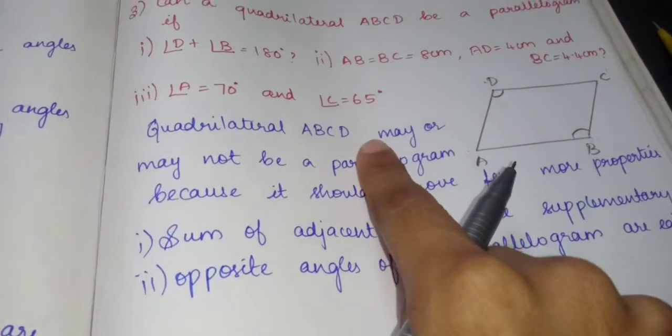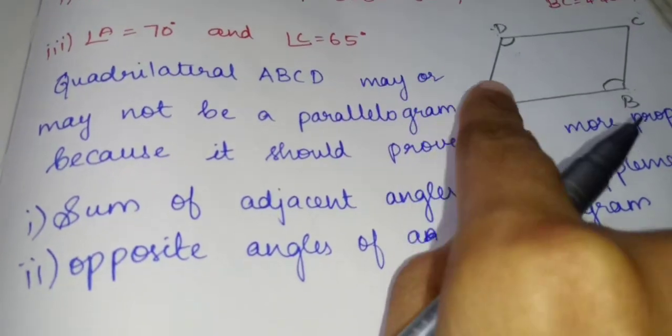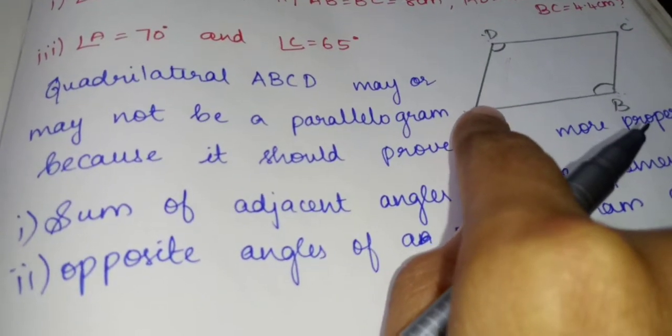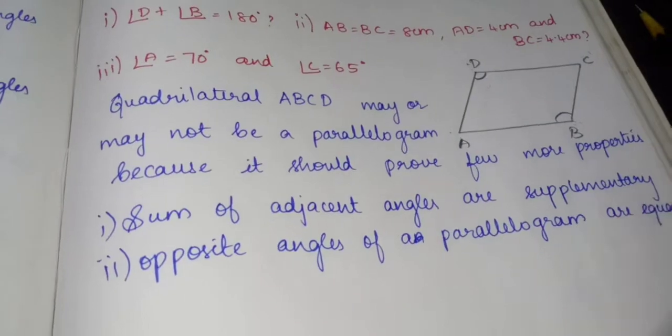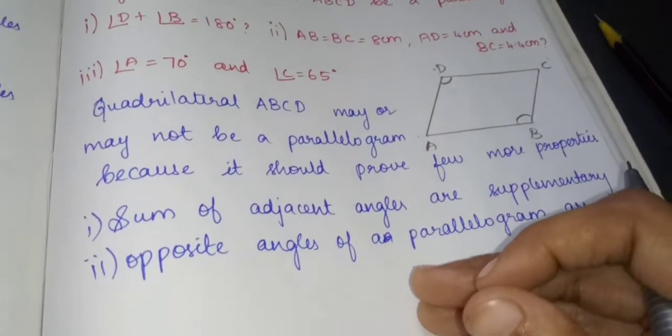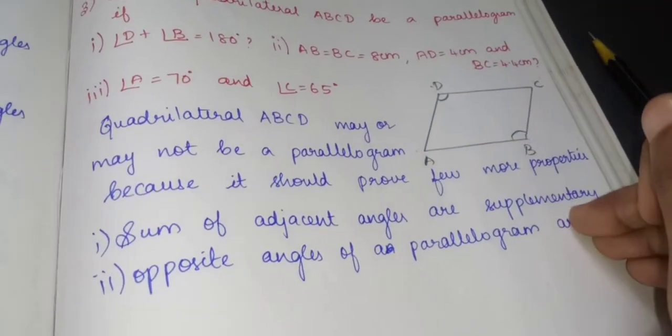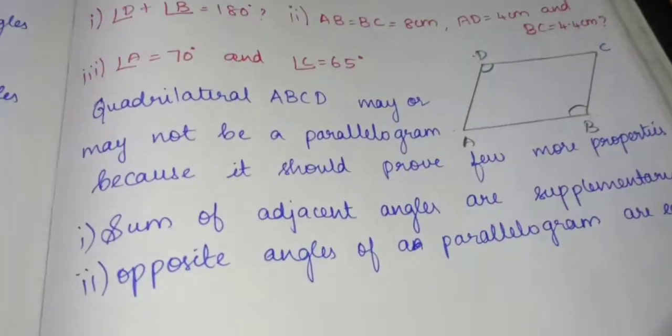So that's why we have given the condition quadrilateral ABCD may or may not be a parallelogram, because it should prove a few more properties like this. Okay, then opposite sides should be equal. That and all properties are there. If those properties are proved only, you can say it is a parallelogram.